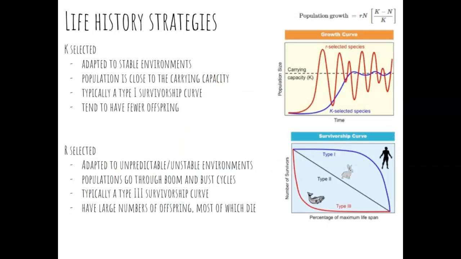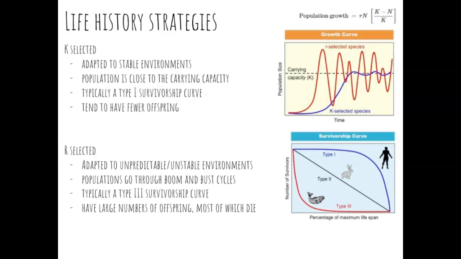Population growth rates are also related to life history strategies. We talked in the last lecture about life history strategies, and we talked about r-selected and K-selected species. K-selected species are adapted to stable environments, and these would be things that we would see a logistic growth rate in, where the population is usually going to be close to the carrying capacity.